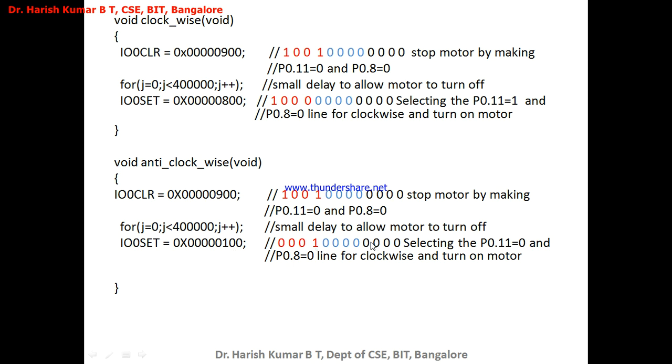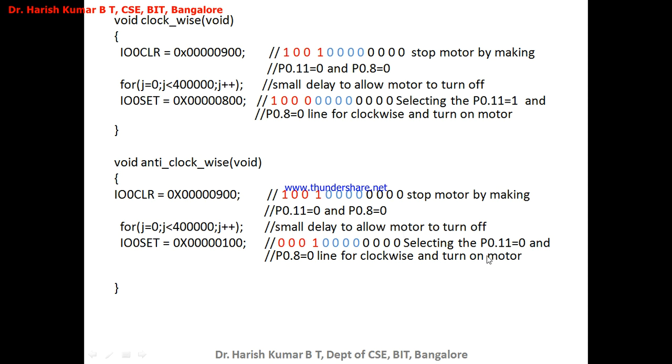Observe here, I have also given the color differentiation. These 4 zeros in black correspond to this 0, and these 4 zeros in blue correspond to this 0, and these 4 bits here correspond to this particular 1. This 1 is written as 0001 in binary. So this is 0, that means the 11th bit in this register is 0.